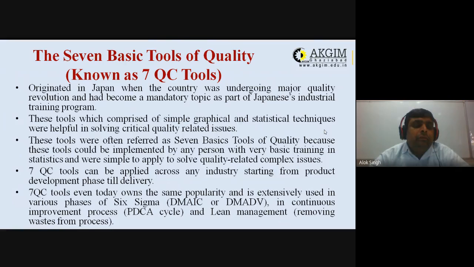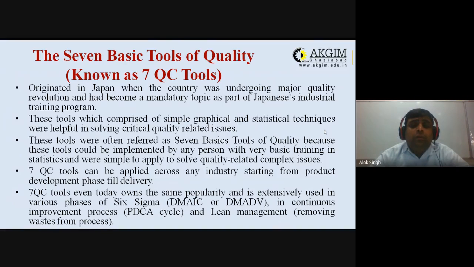The 7 QC tools even today own the same popularity and are extensively used in various areas like Six Sigma, with its philosophies like DMAIC and DMADV, in continuous improvement processes like PDCA, plan, do, check and act, and in lean management, like removing waste from a process.